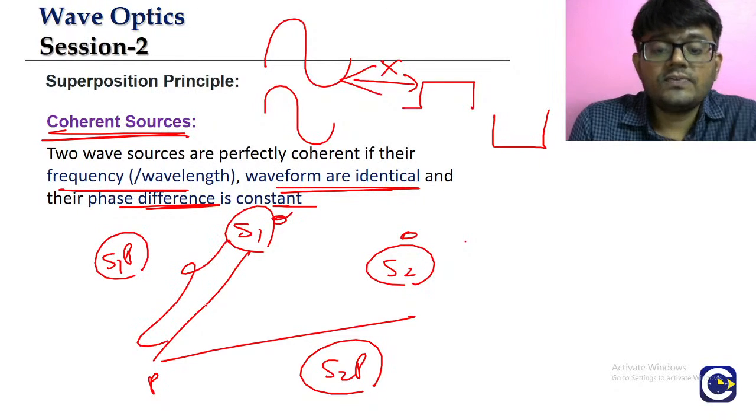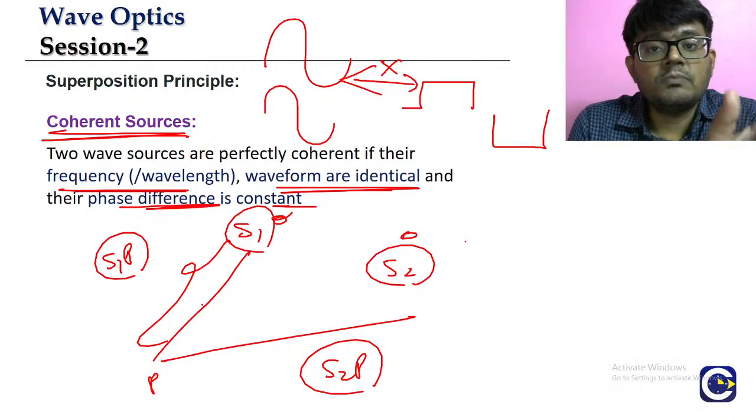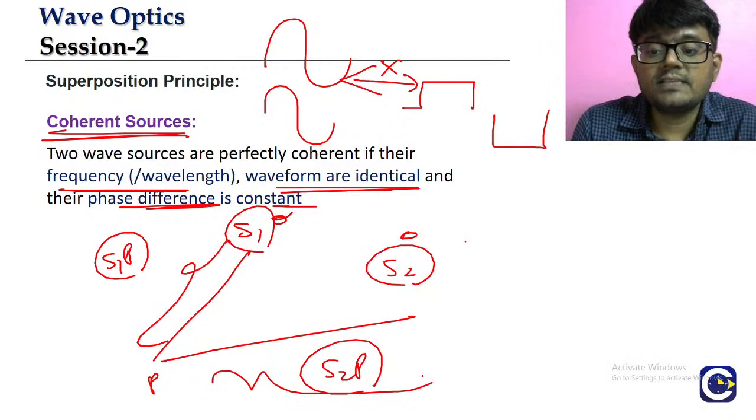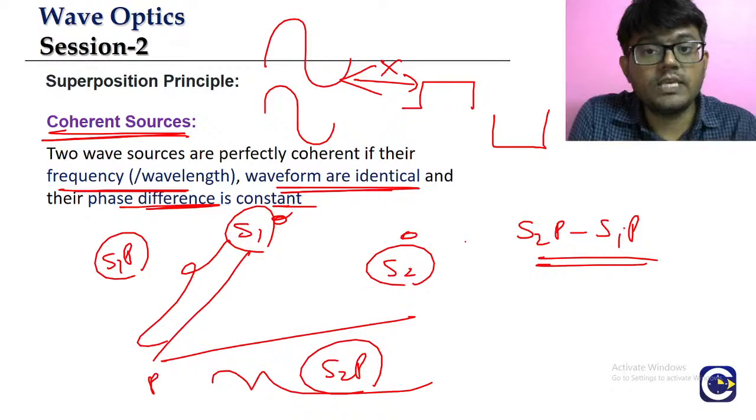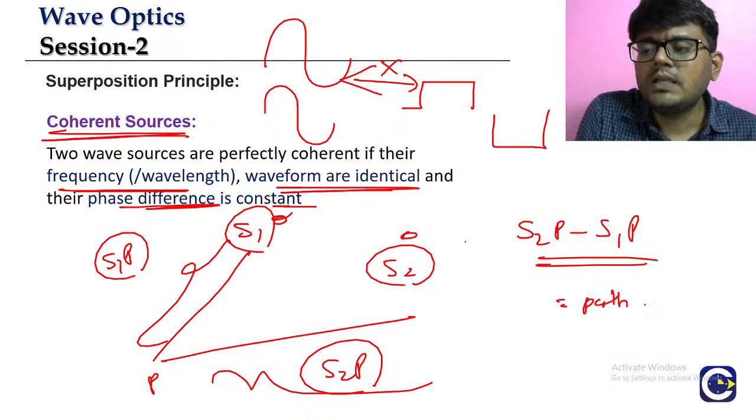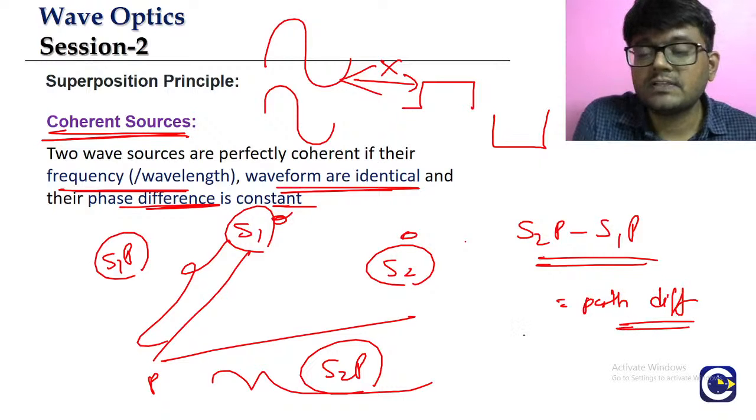Here S1P is a certain amount of path, S2P is another amount of path. We can see that there will be some path difference. So S2P minus S1P, or whichever is higher, will be giving us what? Path difference.